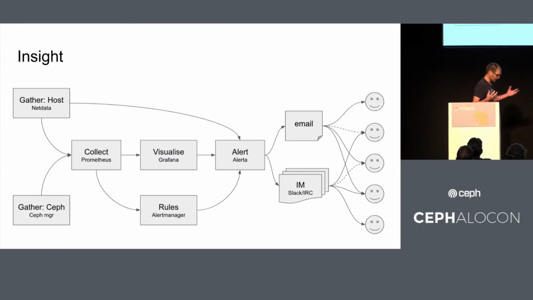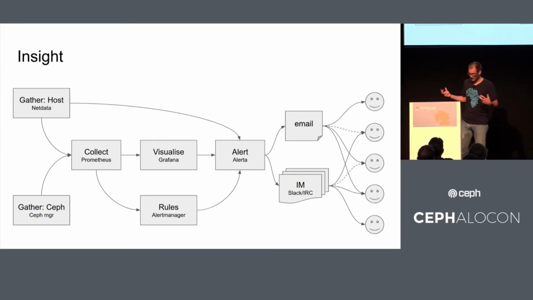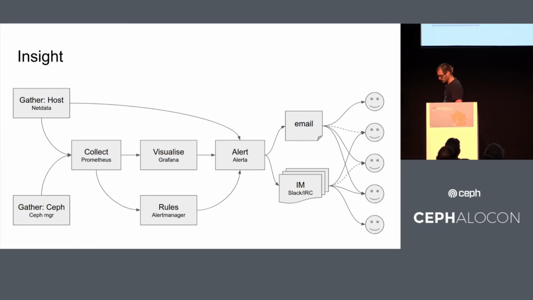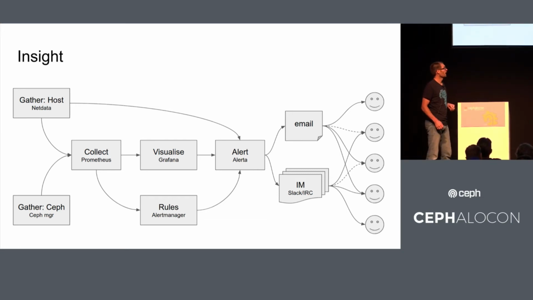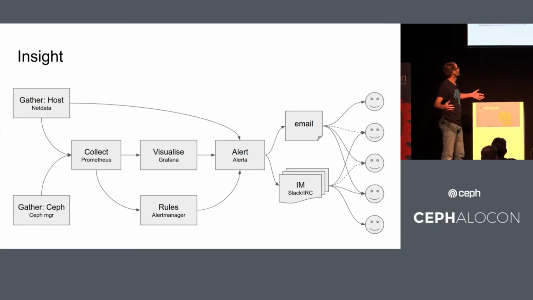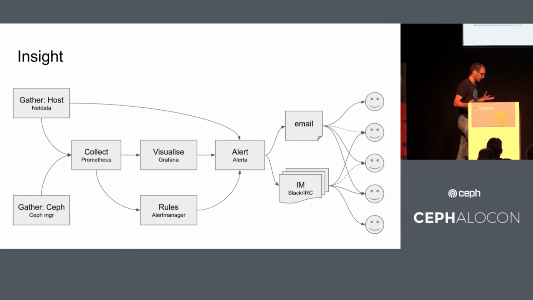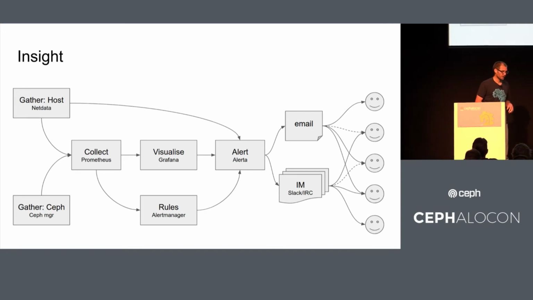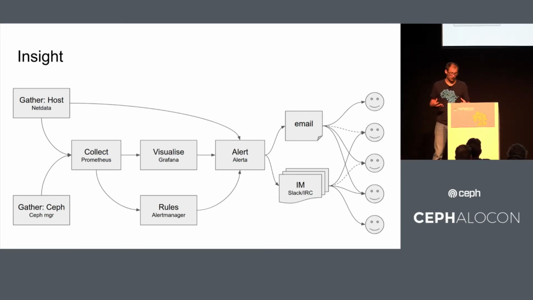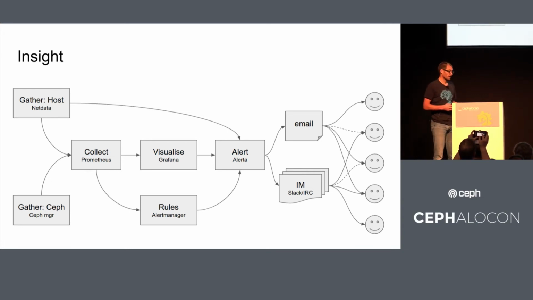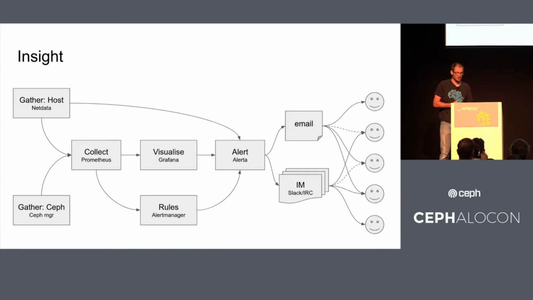As a team, we always like to have insight and see what's going on. In a perfect world, this is how we would like to see our full infrastructure. We would like to gather host metrics. There's a project called NetData. We're quite fond of it. It does everything we need it to do. Ceph Manager gives us a lot of metrics and information.